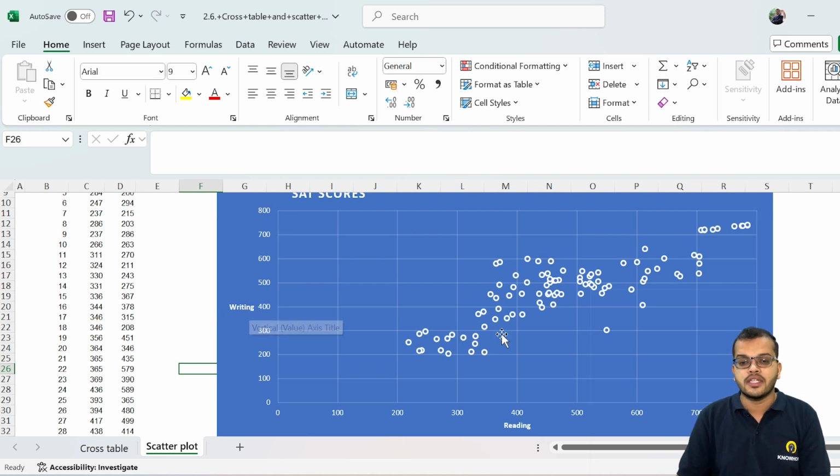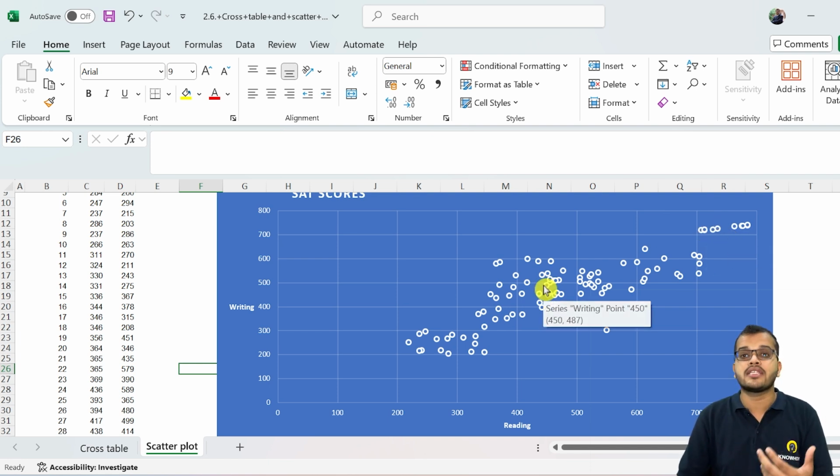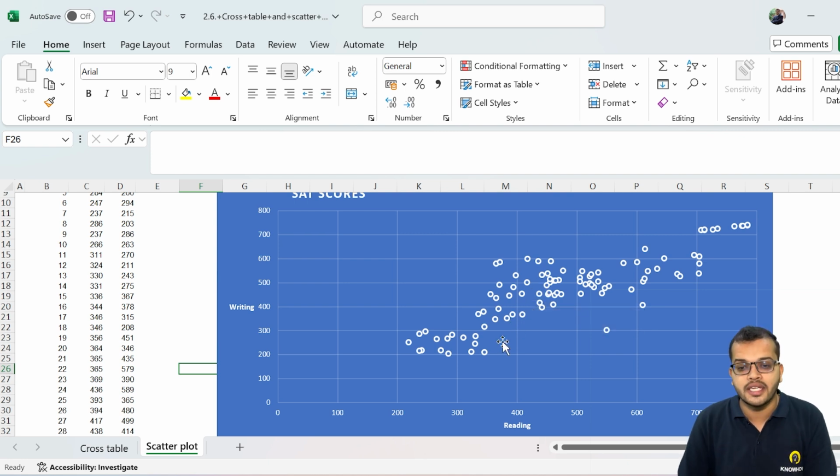Now if you see the overall downfall here, and the people who are high here, where they are good in reading as well as good in writing, we can easily compare it when we represent it in a scatter plot chart. For example, if I take this writing, it is 346 and 208.